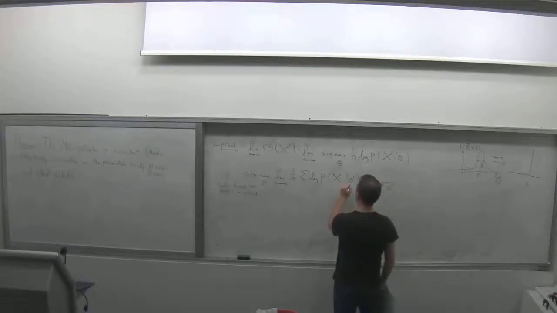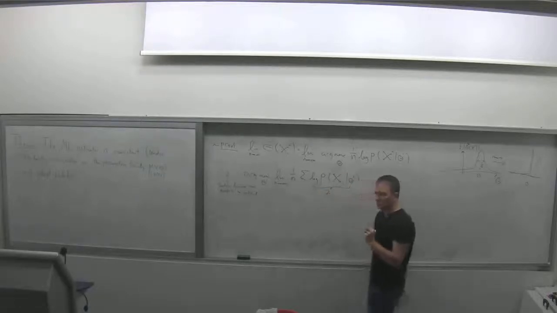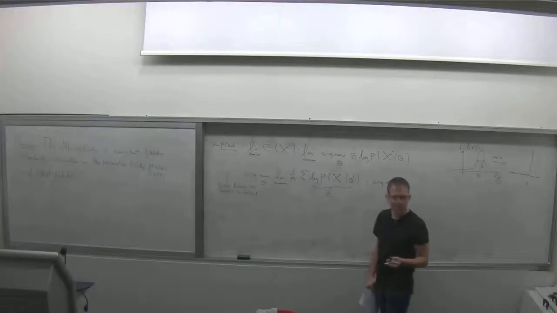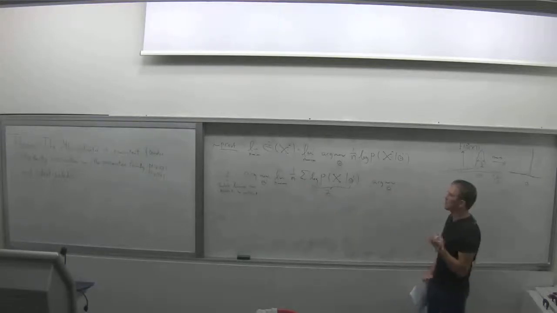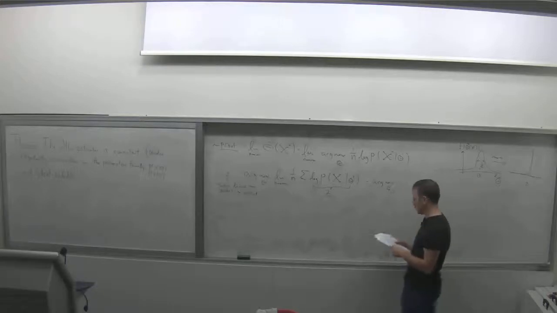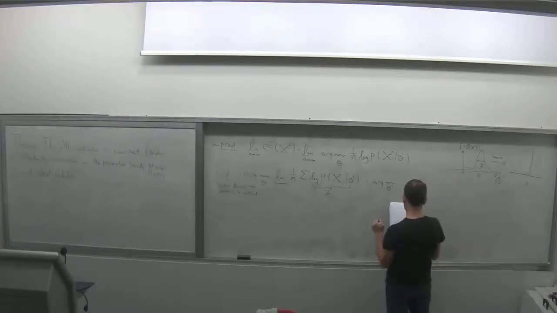So let's call each of these Zi. We've done this before, so this should be a deja vu for you. So the Zi are IID random variables, and we're taking their average. What does the average of IID random variables converge to? Right, their expected value.